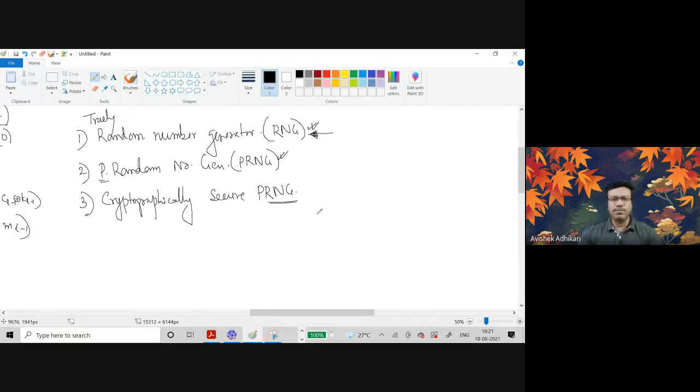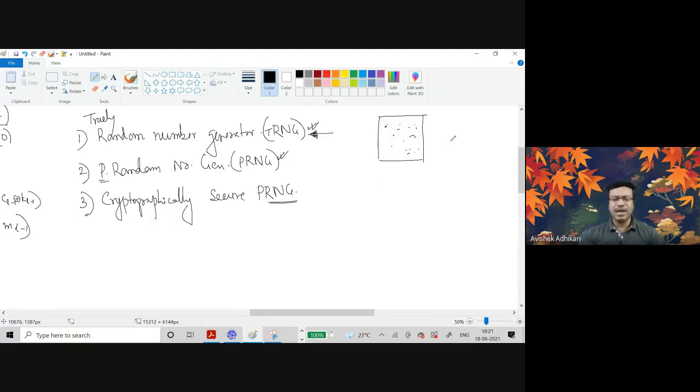Sometimes it's also written TRNG, truly random number generator. There may be many such events. For example, based on the position of my mouse on the screen, some random number may be generated.